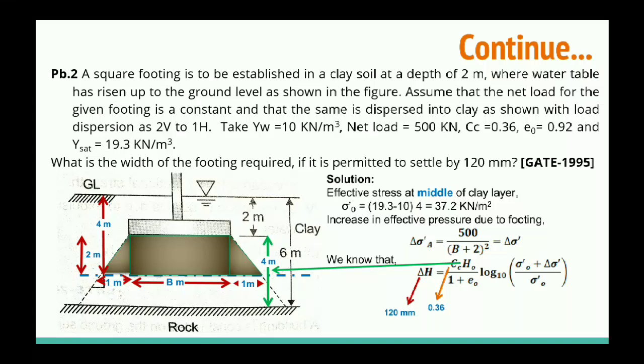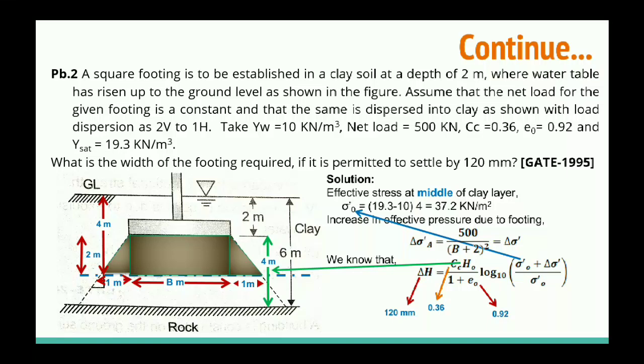Here we have taken the height as 4 meter, not 6 meter. The total thickness of the clay is 6 meter, but we are taking 4 meter. Are you getting my point? We have the e naught value, 0.92.